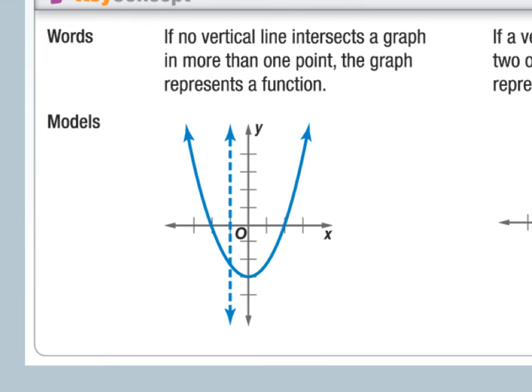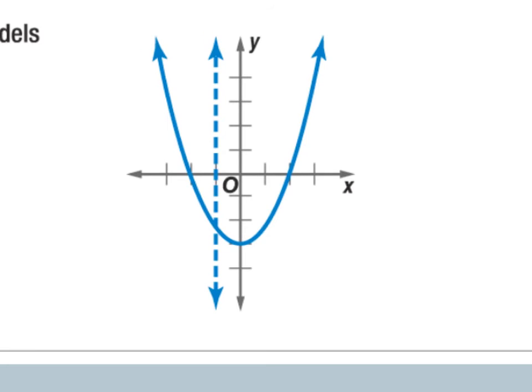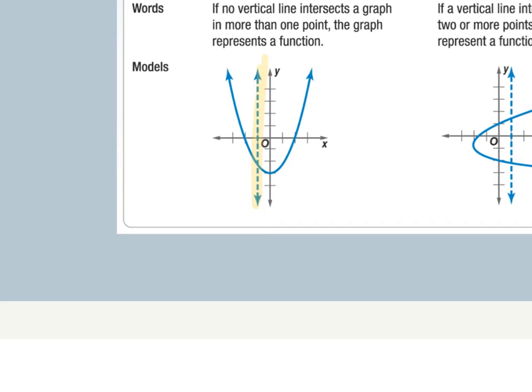Looking at the first one, we take a vertical line and we just move it over our graph. It only touches one place on our graph at a time, so this would be a function.